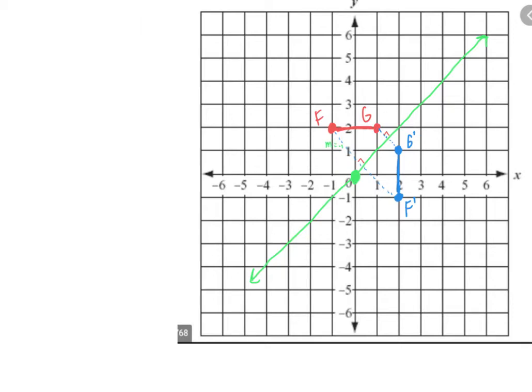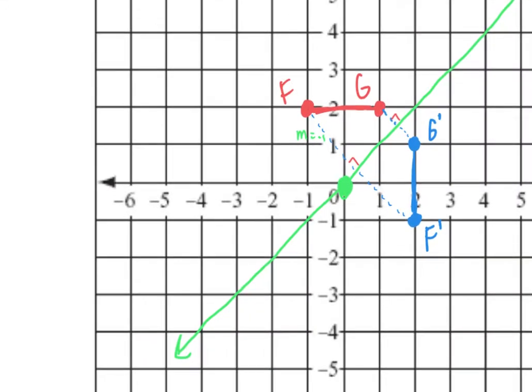So if we look at the line segment from F to F prime, and the slope is -1, if we go down 1 and over 1, this should be one of our points.